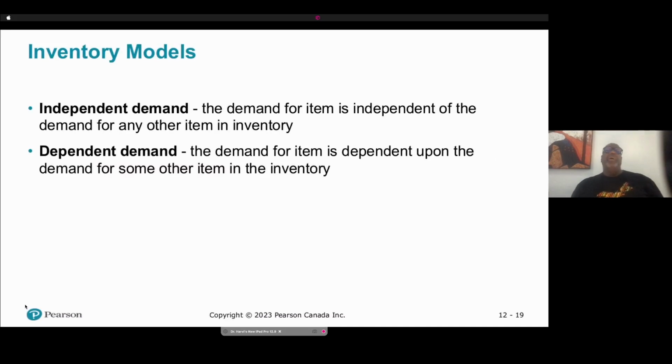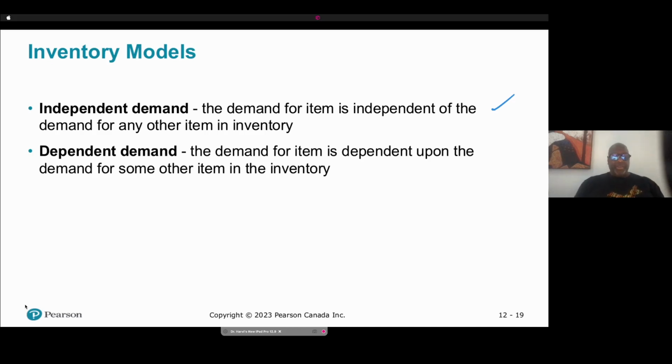So now let's talk about managing inventory using techniques and tools or models. It's important to note that there are two broad categories of inventory when we are thinking about the kinds of tools that we use. One set that we refer to as independent inventory, and the other set that we refer to as dependent inventory.